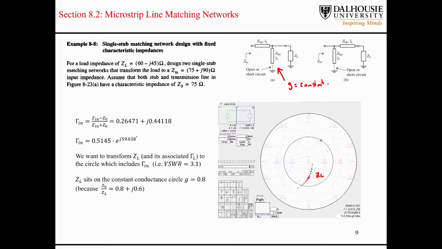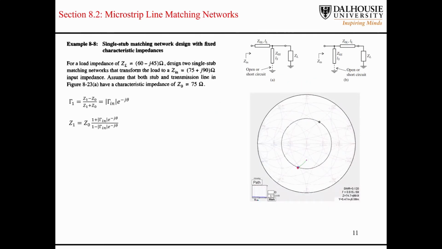Because we can see here that we have two paths that will bring us to that VSWR circle. We can either move downward to this location, or we can move upward to this location. So there are two impedances. Let's call them Z1 and Z2.